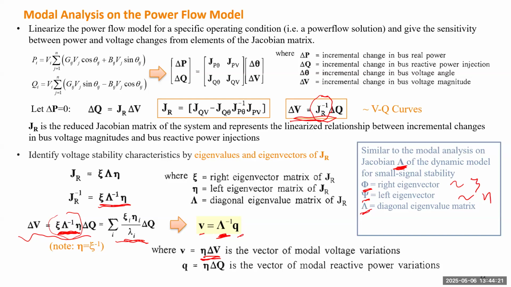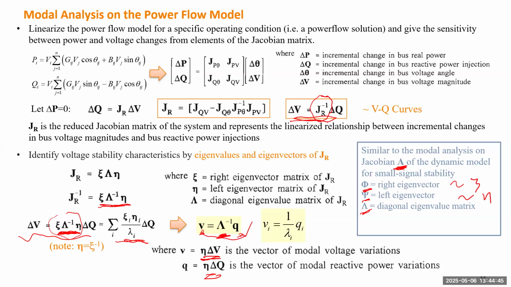And the lowercase q is actually eta transforming delta q, which is a vector of modal reactive power variation.